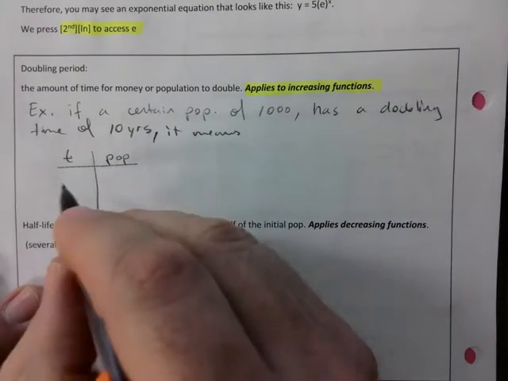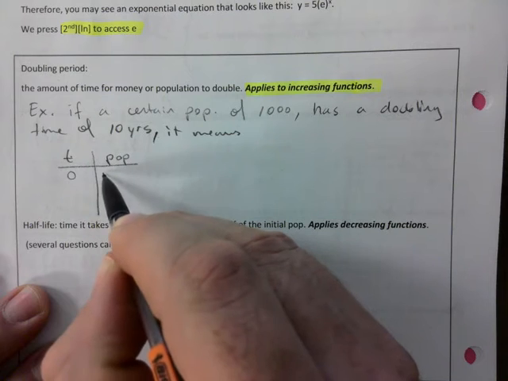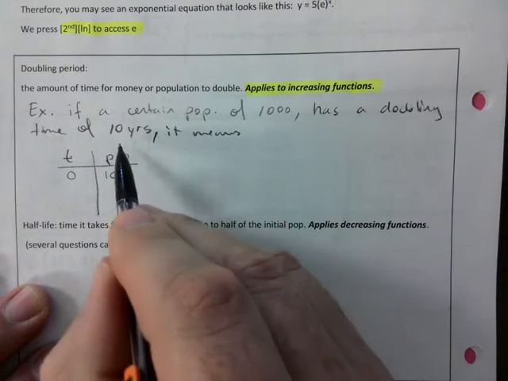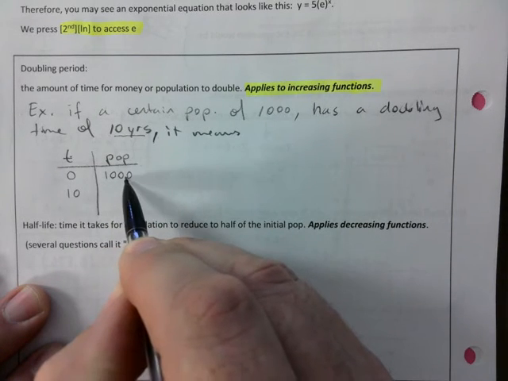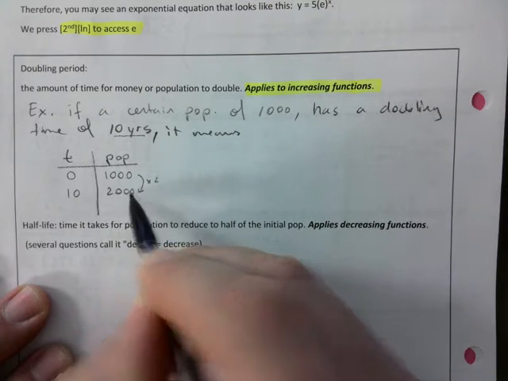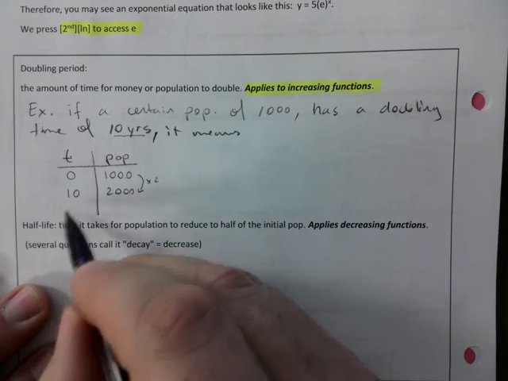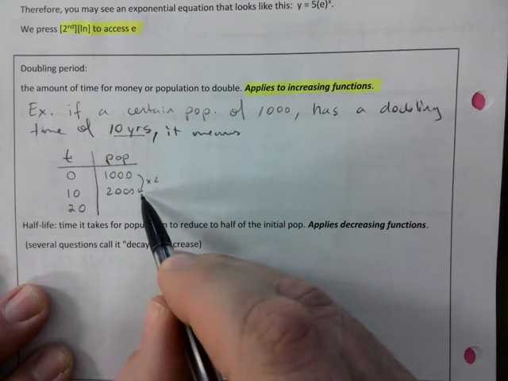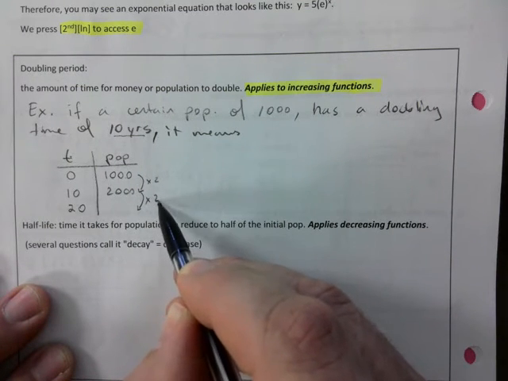It means that at time 0, how many people do you have? 1,000, correct? And what happens after 10 years? What's going to happen to the population? It's going to double. So you're going to have 2,000. Another 10 years go by, so we would be at time 20, right? You have more people now, but they double again.